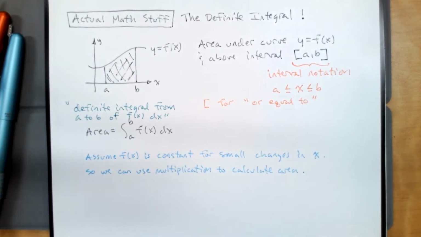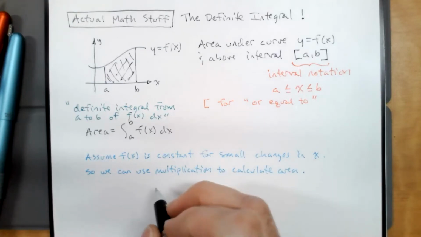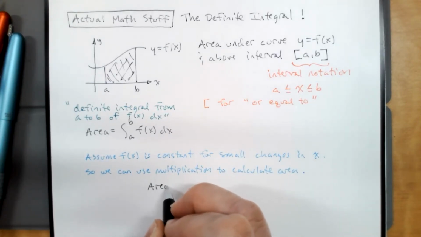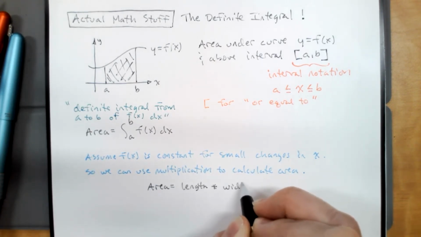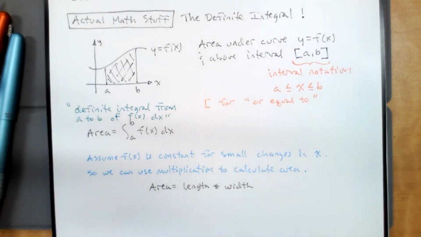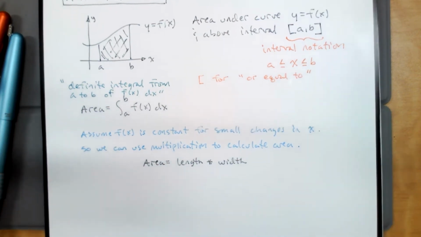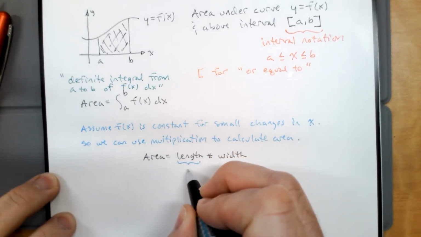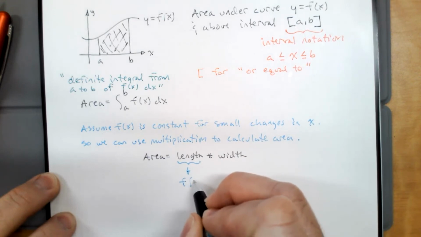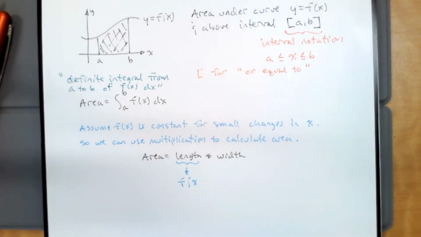And we just have to write area is equal to length times width. So the strategy is we assume that the function is constant for some small change in x. And we're going to be making a bunch of rectangles.